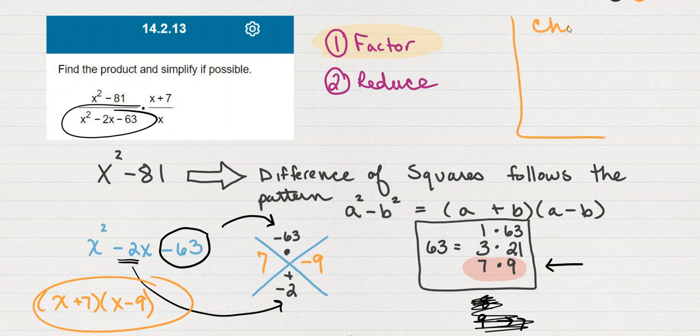So if I check that multiplication, x times x is x squared, outside times outside is negative 9x, inside times inside is 7x, outside times outside is 63, and these two simplify to a negative 2x. So we get x squared minus 2x minus 63, which is what we started with. So I do in fact have the right factors, x plus 7 and x minus 9.